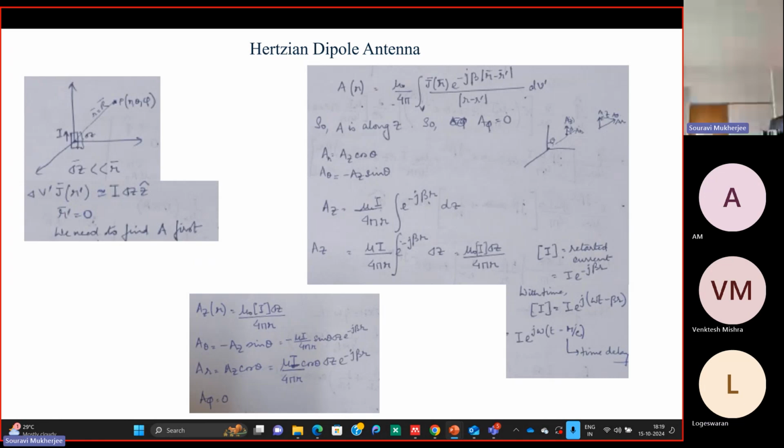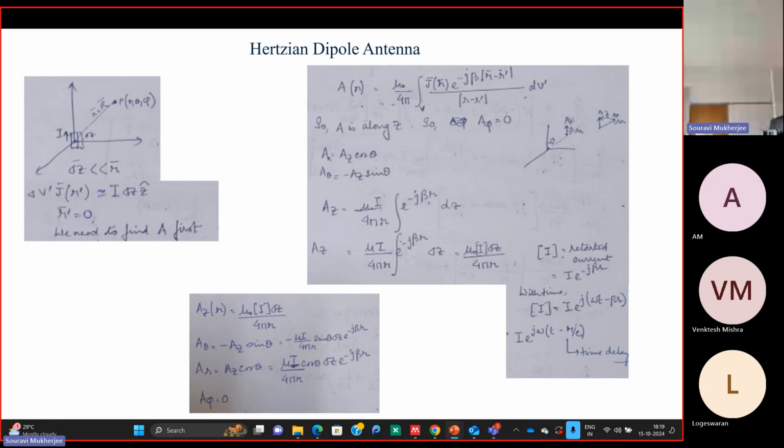Because your current is flowing in the Z direction, we know that the direction of A comes from the direction of J. So the direction of J will be reflected in the direction of A. Because your J is along Z direction, your A will be along Z direction.